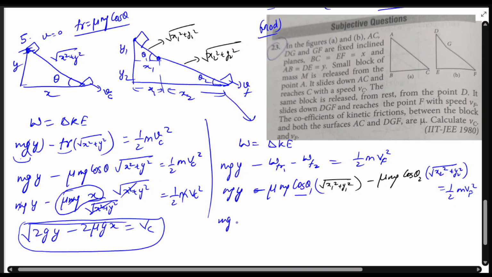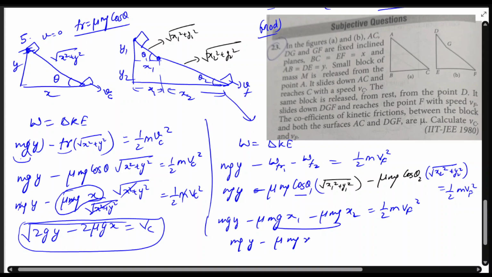So we will get mgy minus mu mg x1 minus mu mg x2 equals half m vf square. So we will get mgy minus mu mgx equals half m vf square.